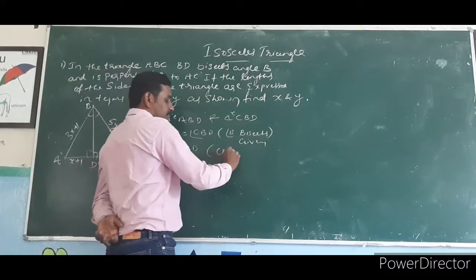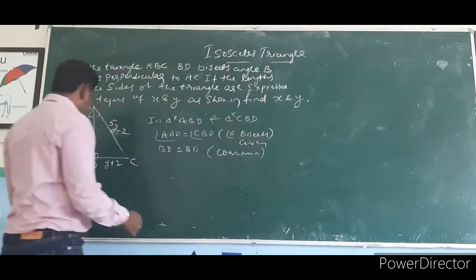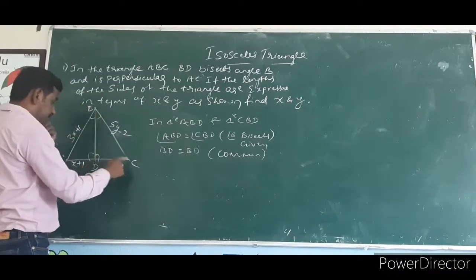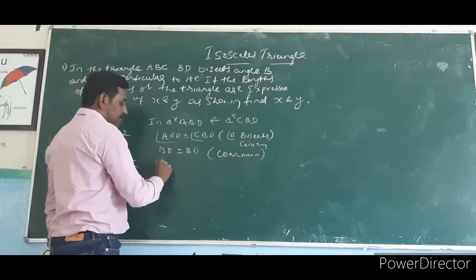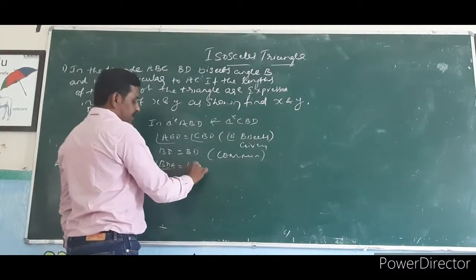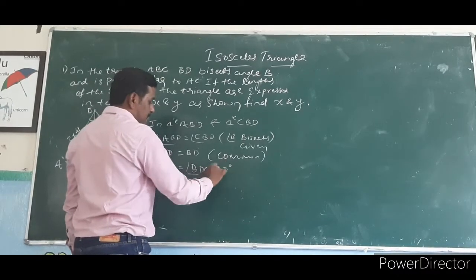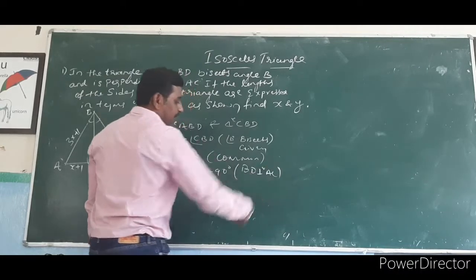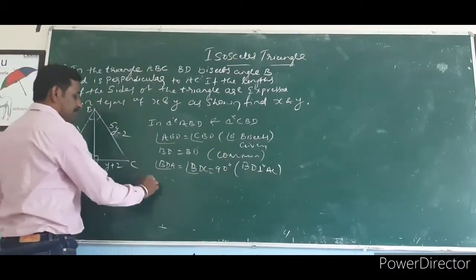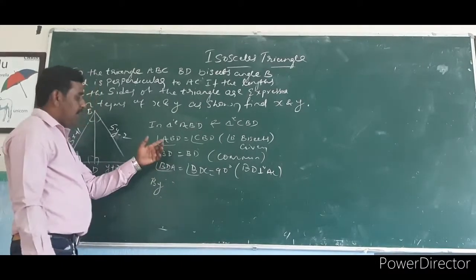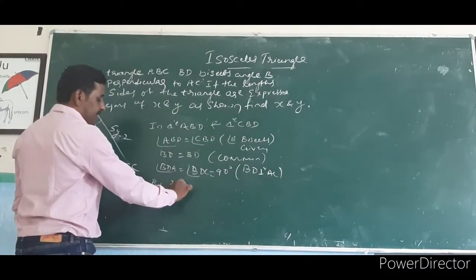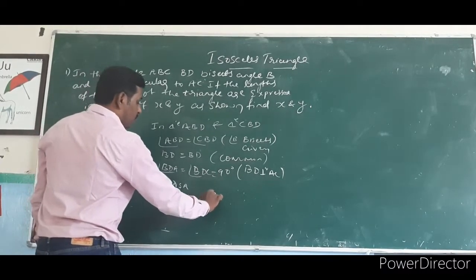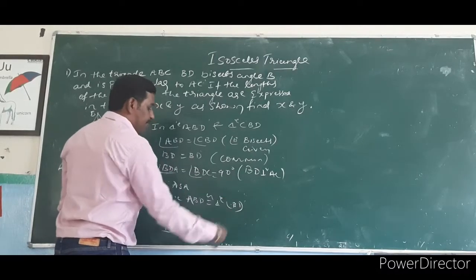Next, BD is perpendicular to AC, which means angle BDA and angle BDC are each 90 degrees. By the angle side angle postulate, ASA, triangle ABD is congruent to triangle CBD.